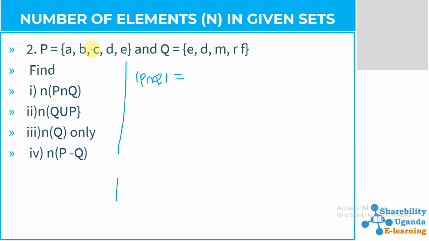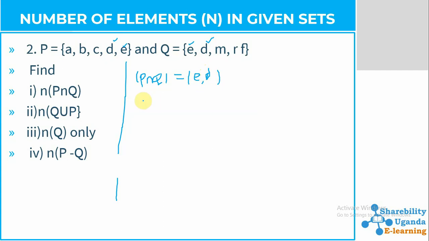No. We have a B. We have a C. Do we have the C in Q? The answer is no. We have a D. Do we have a D in set Q? Yes, this D is appearing in both sets. Then we also have the E. Also, E is appearing in both sets. So we have our E and our D, two letters that are in both sets.